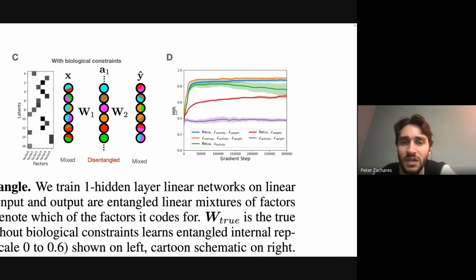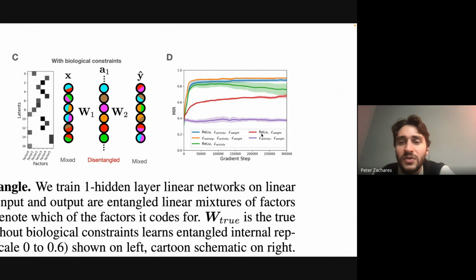And so what you see is MIR is their metric for disentanglement, and higher is better. The blue and the orange are both enforcing all of the constraints that they want to enforce, and they get pretty good results. The green one, which is the third best performing, is not enforcing weight energy minimization.